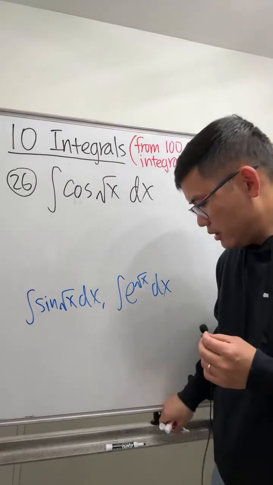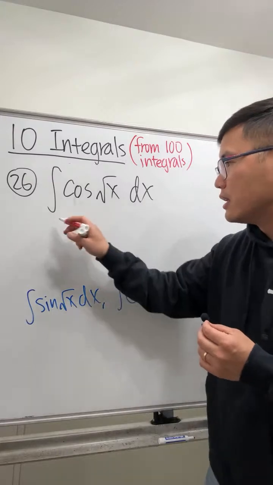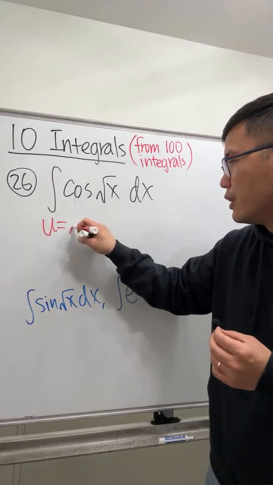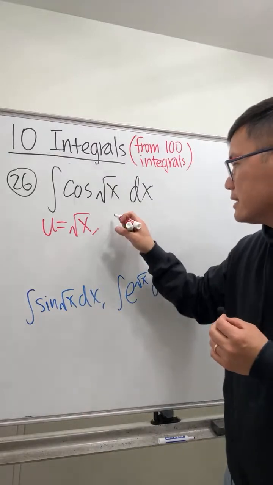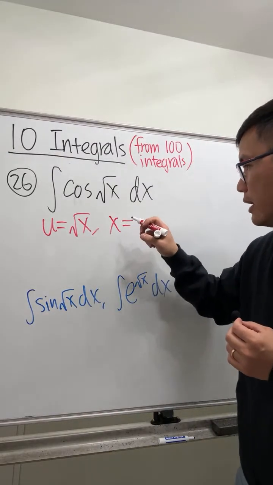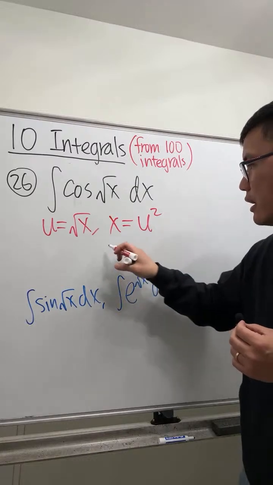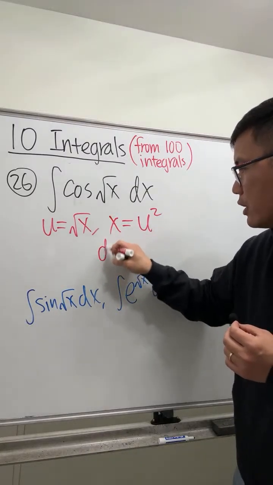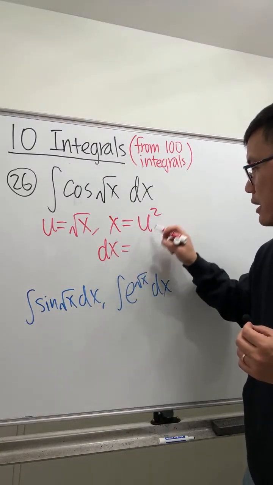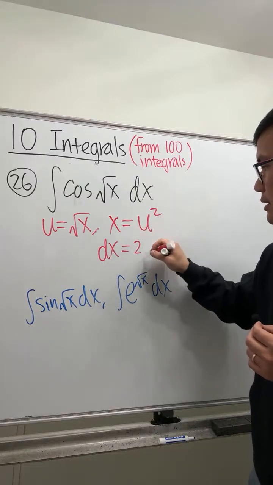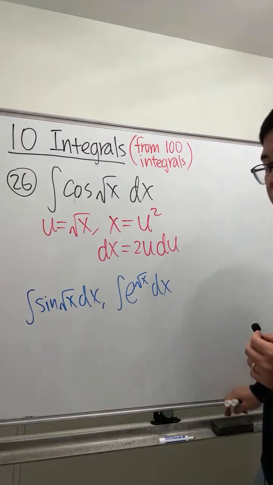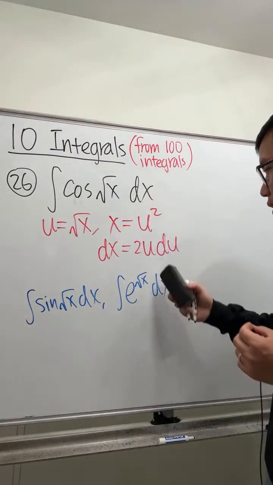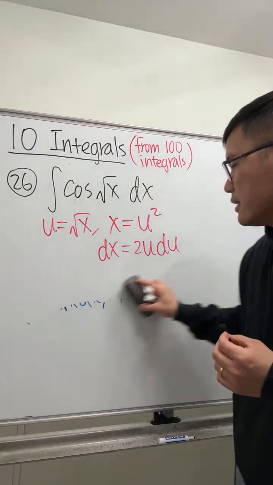All this right here, you start with u equals square root of x. And then square both sides, we get x equals u squared. Then take the derivative right here, we get dx equals, put the 2 to the front, and then subtract 1, so we have 2u du. So all this right here, you do it like this.